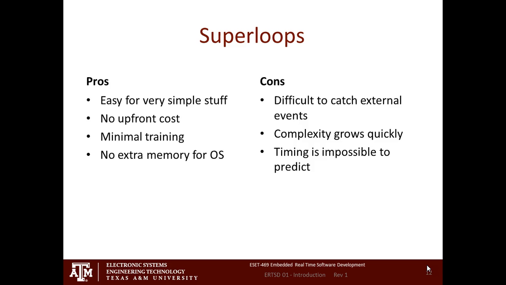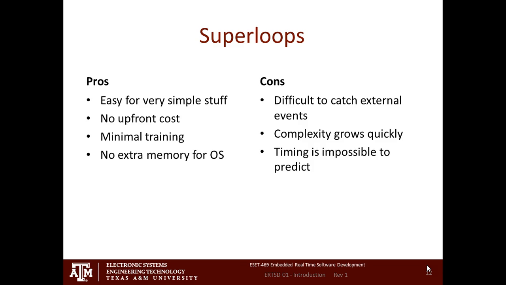The other thing is complexity grows really, really quickly. So this little simple thing that I just did, no big deal, right? It's really straightforward. It's ready to rock and roll. But you know what?